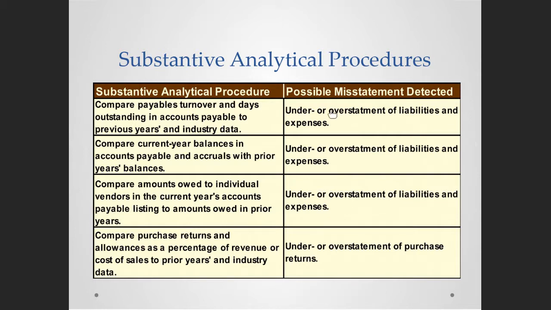And we do all of this to see whether there is an under or overstatement of the liabilities or expenses, right? These procedures are done to see, is there a possible error in the liabilities and in the expenses? Is there something wrong? It is possible that nothing is wrong, right? And we usually cannot answer that question until we do what procedure?